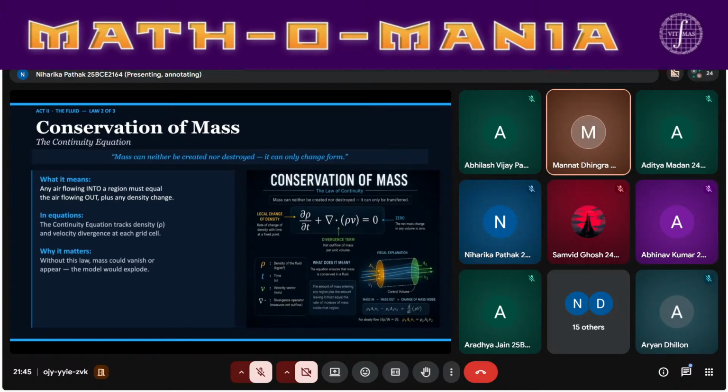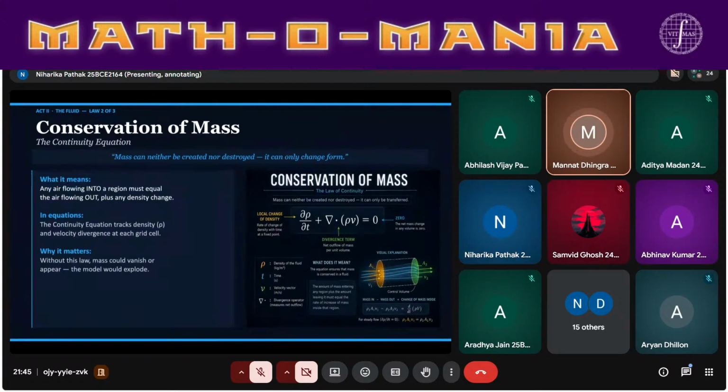Now, why does this continuity equation matter? If we don't follow this law, mass could vanish or appear. So it's literally impossible. It's completely wrong.